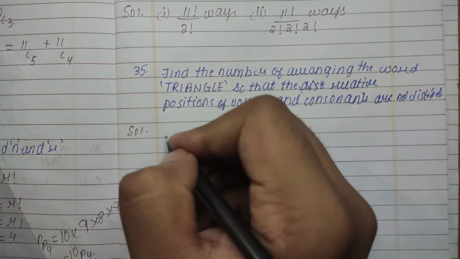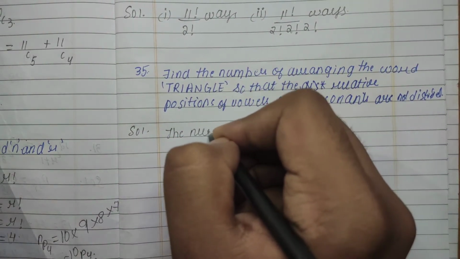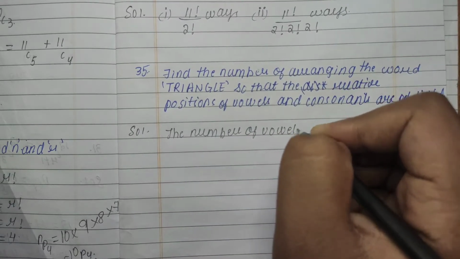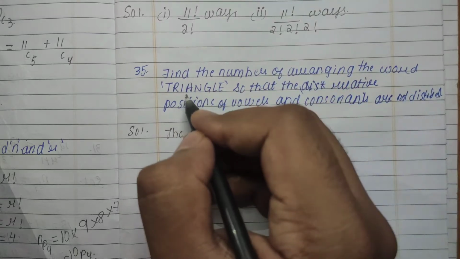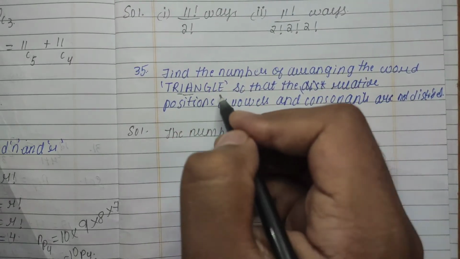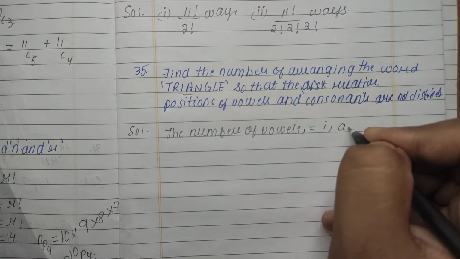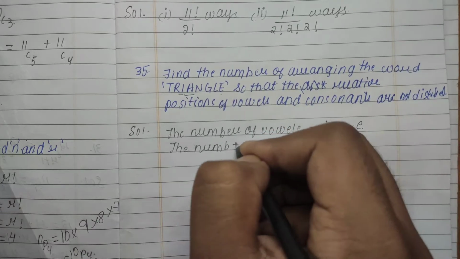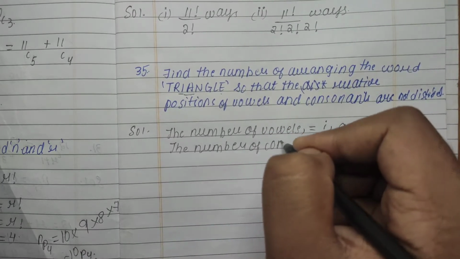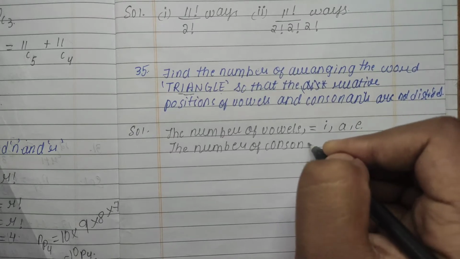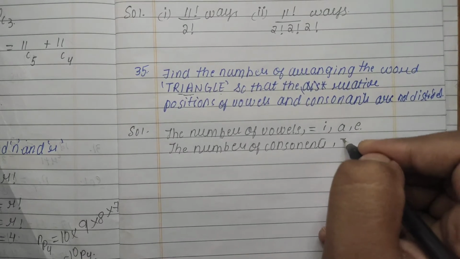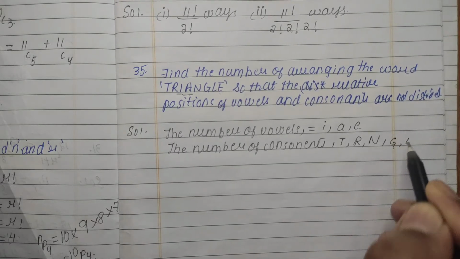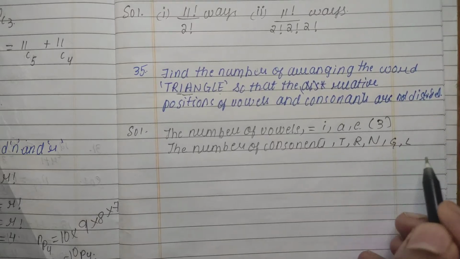First, the number of vowels, which is A, I, A, E, I, A, E. The number of consonants, which are T, R, N, G, L. So this is 3 and this is 5.